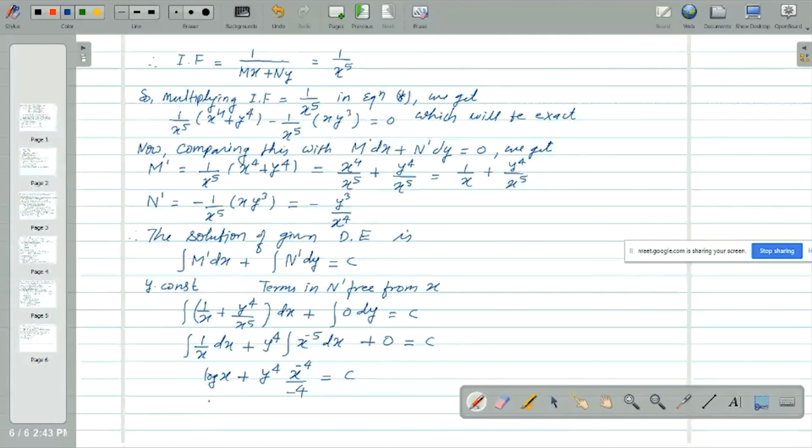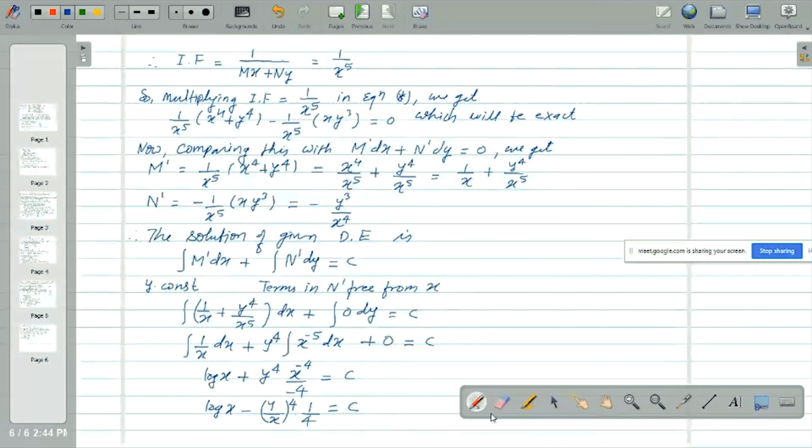Now this can be written as log x minus y by x power 4, into 1 by 4, equal to c.